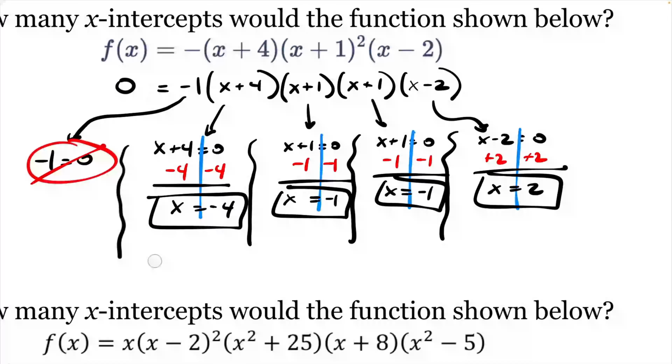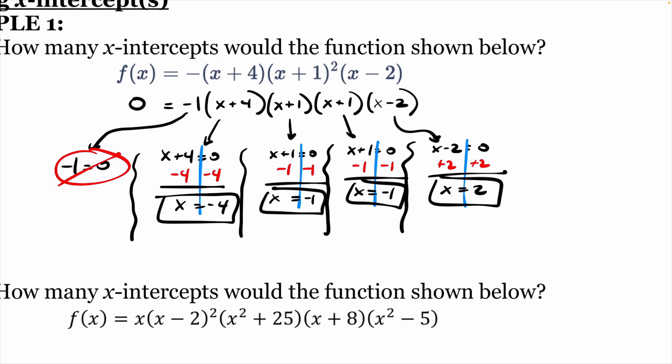Are any of those imaginary, I should say? No. They're all real. So how many x-intercepts did we get? 4. We got 4 x-intercepts.